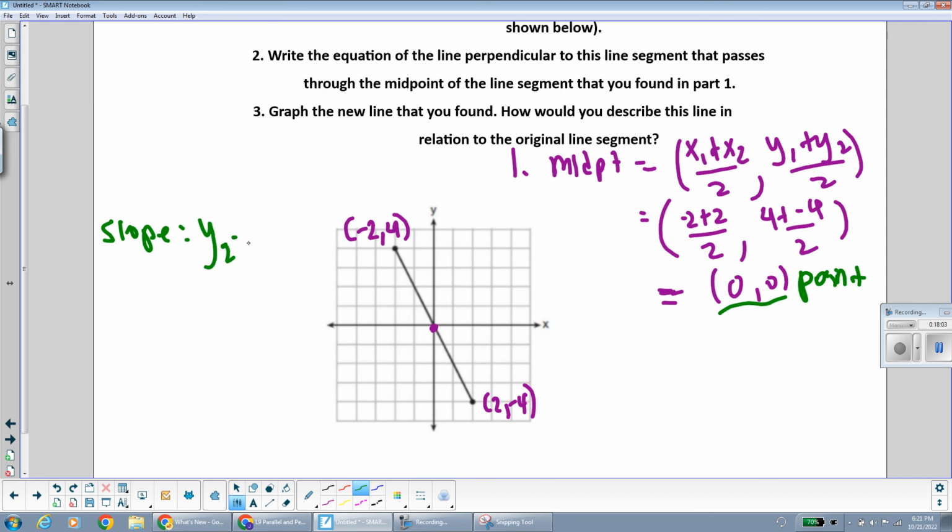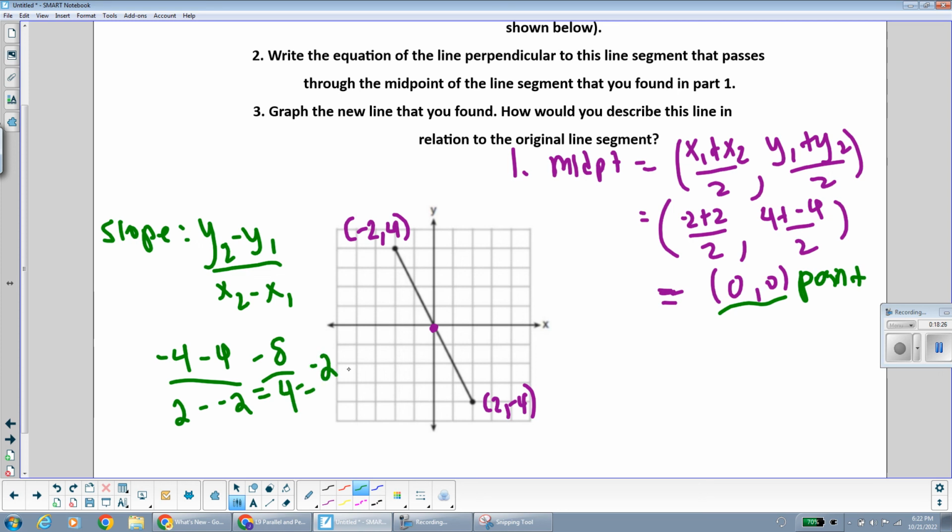And I can do that using the slope formula, which you probably remember from class and from Algebra 1. So I'm going to subtract my y coordinates, and in the denominator, I'm going to subtract my x coordinates. And I got -8/4, which simplifies to -2.